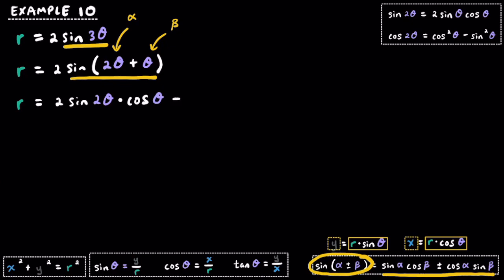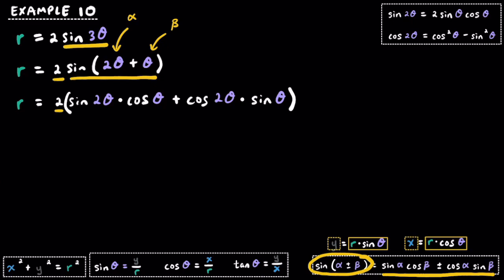And that's going to be adding on cosine of alpha, which we said was 2 theta, multiplied by sine of beta, which is just a normal theta. And don't forget that this 2 in front is going to be multiplied by the entire thing. So let's just keep all of this in parentheses.